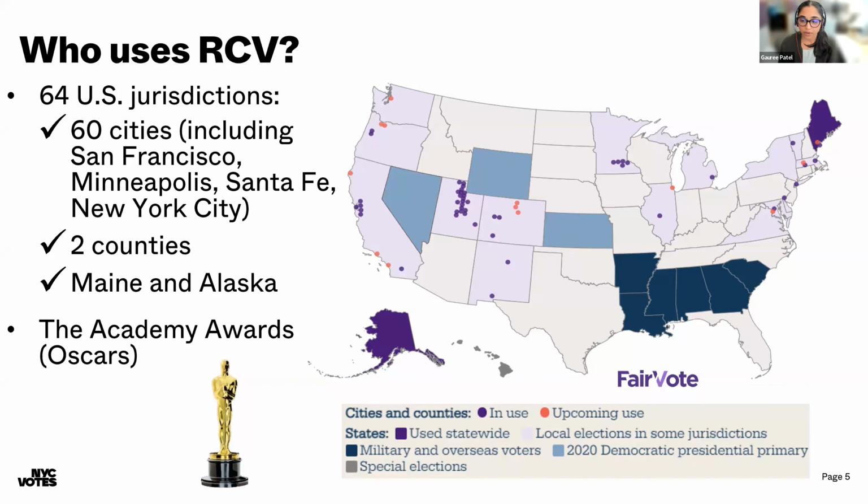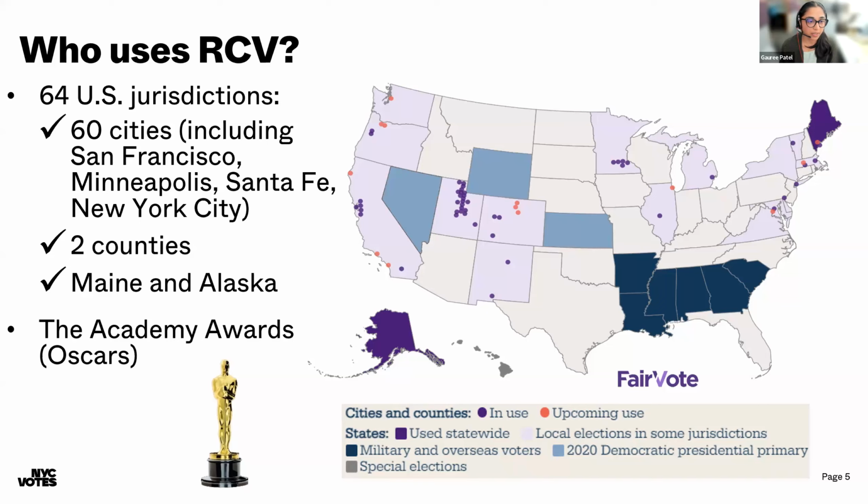There are folks that have voted using ranked choice voting across different countries and states, including overseas using a ballot. And we also know that in the Academy Awards, a ranked choice voting structure was used and implemented back in 2021, where we saw the most people of color and diverse nominations in that Oscars.